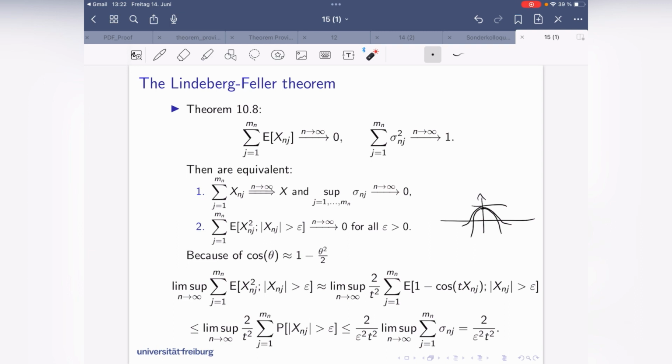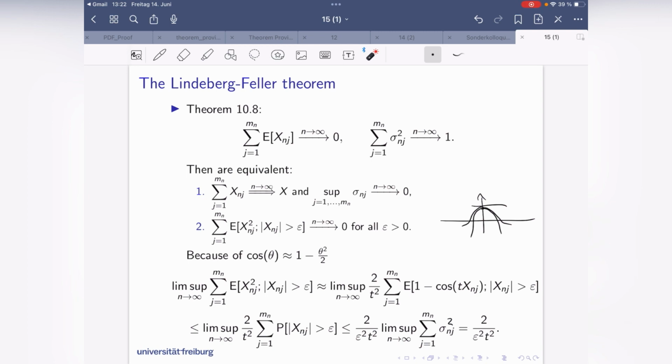By using the standard Chebyshev inequality, the probability that X is bigger than epsilon is bounded from above by sigma_nj square divided by epsilon square, like this. So the sum, we assume it converges to 1, 2 divided by epsilon squared t square.